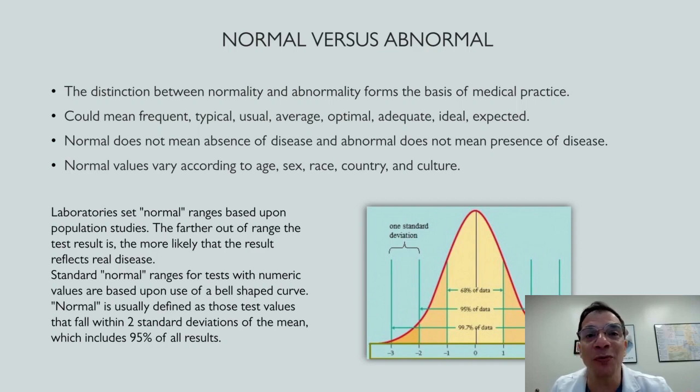Okay, that is what we mean. Let's say we accept as normal the cholesterol between 100 and 200. If someone has the cholesterol at 210, even though it is above the normal value, we describe it as abnormal, above the normal value. We don't imply that this patient has a disease.